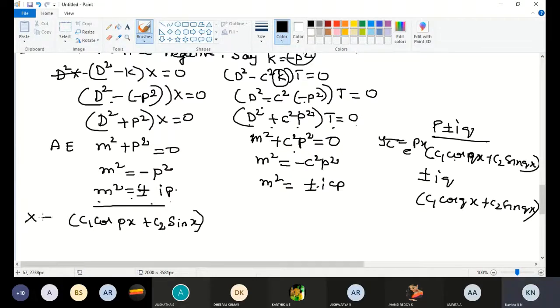Here capital X is equal to c1 cos px plus c2 sin px. Then T is equal to c3 cos cpt plus c4 sin cpt.